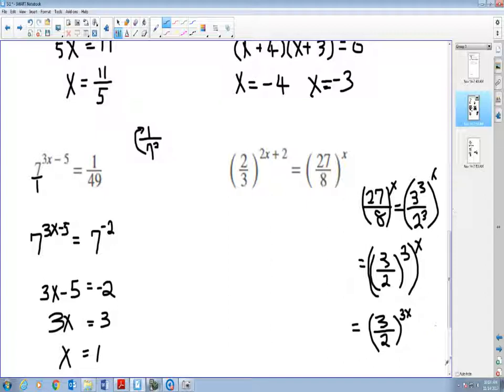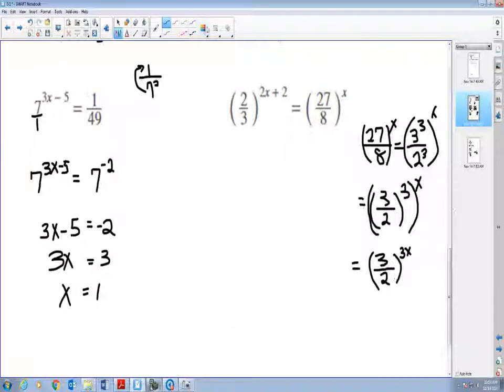Alright, but the base 3 over 2 is still different than the 2 over 3. So how can I make 3 over 2 the same as 2 over 3? By flipping them. Remember now, if I flip the 2 to the top right here, that becomes 2 to the negative 1 power. 3 flipped to the bottom will make it 3 to the negative 1 down here. So both exponents have negative 1 power.